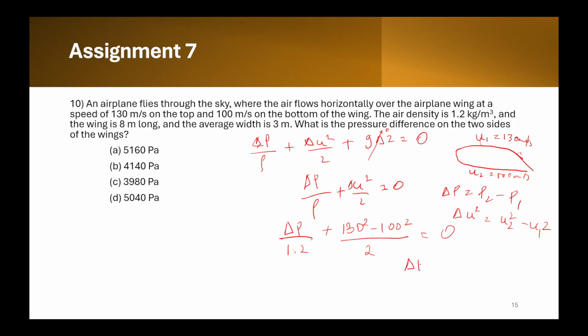So delta P comes out to be 4140 Pascal. The correct answer is B part.